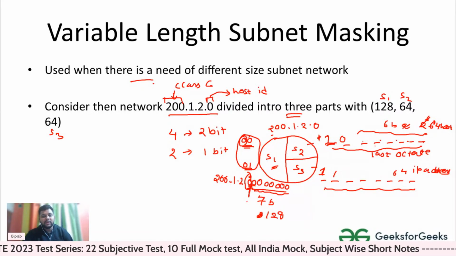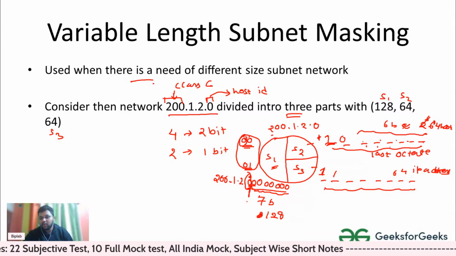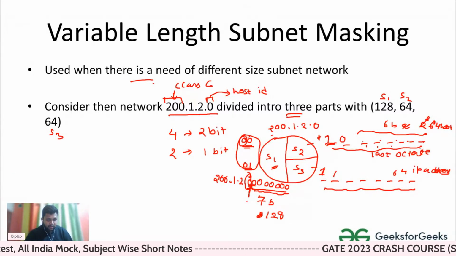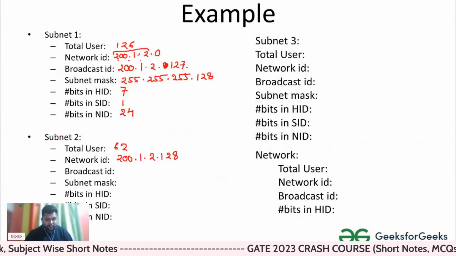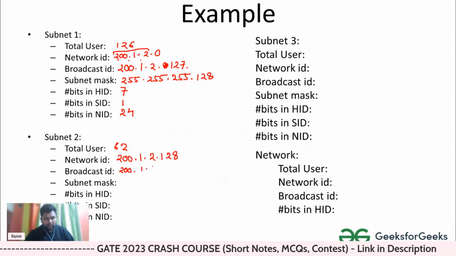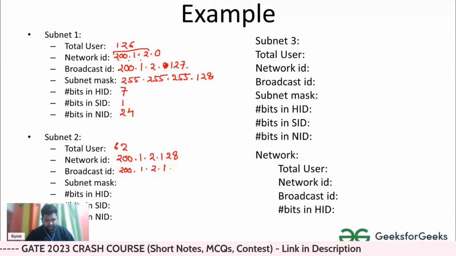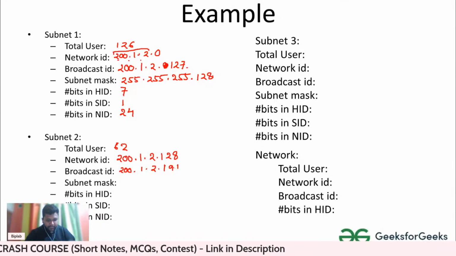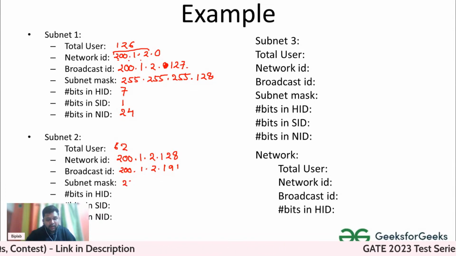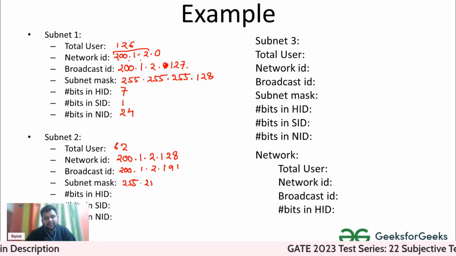And to find the broadcast ID, you have to put all ones here. So the broadcast ID is 200.1.2.191. The subnet mask is 255.255.255.